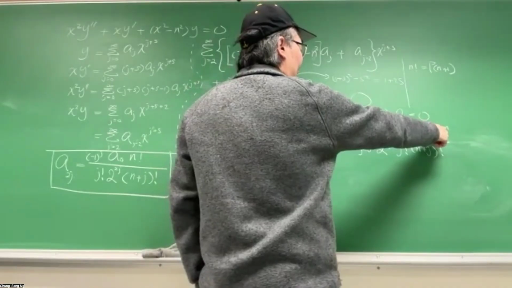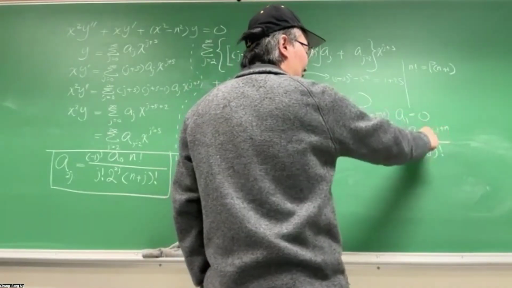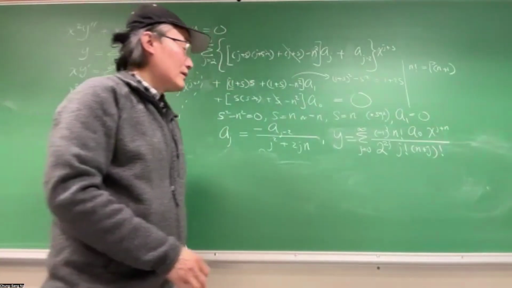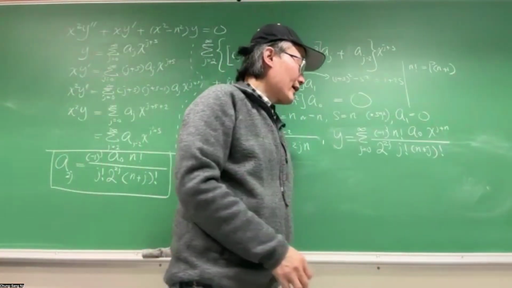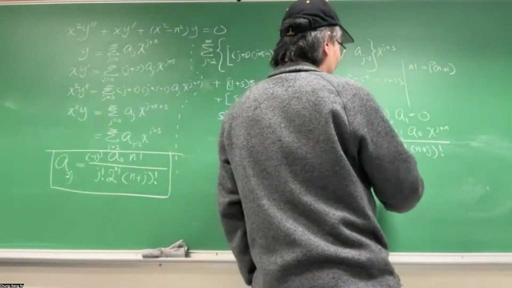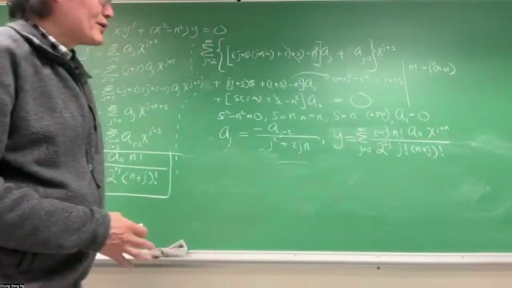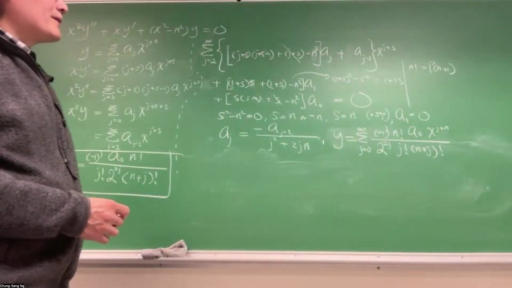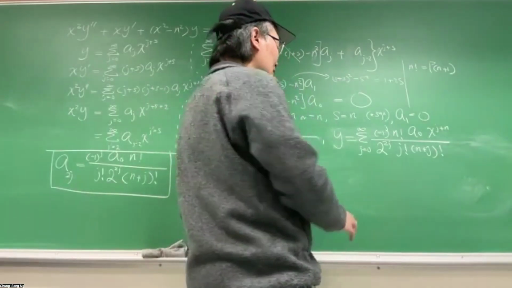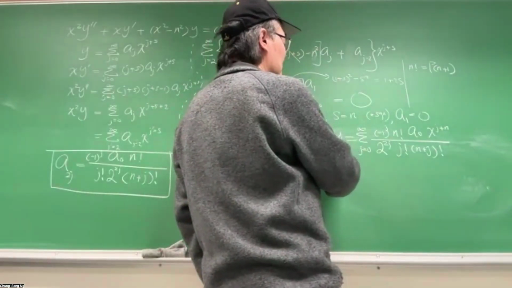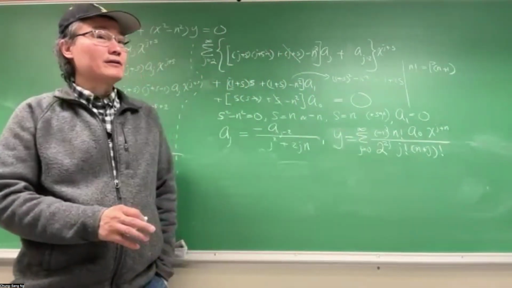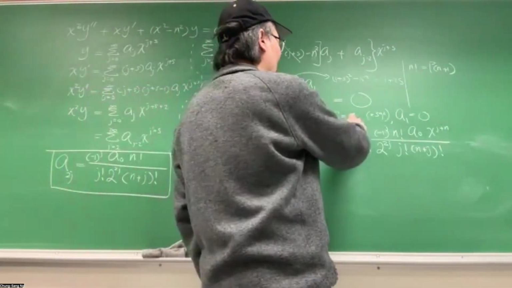So that is totally valid solution. But if n is a negative real number, you start with x to a certain negative power. So near x equals 0 it will be singular, but which is fine, as long as you don't need to include 0. And so that is also a valid solution. So you actually get two series solutions for real non-integer n, whether n is positive or negative.